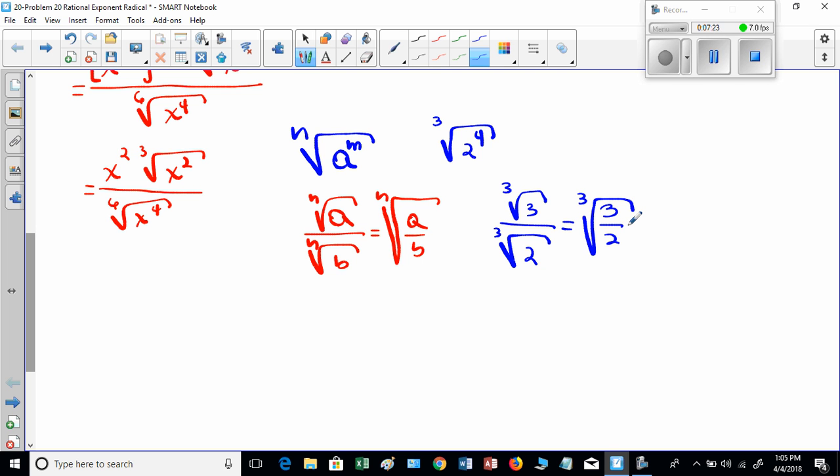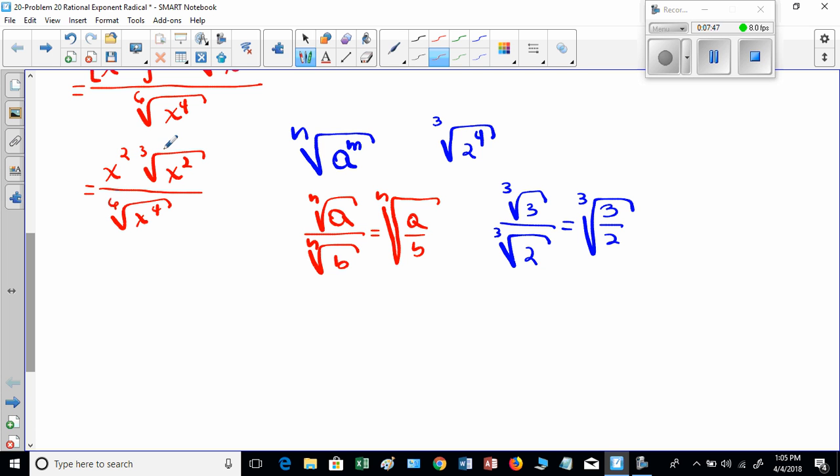Okay. So now, the idea here is to combine these two radicals, but at this point you cannot combine them because you have an index of 3 and an index of 6. So we're going to try to see if we can simplify one of the radicals, in this case this one right here, to see if we can take it to an index 3 so we can combine them together.